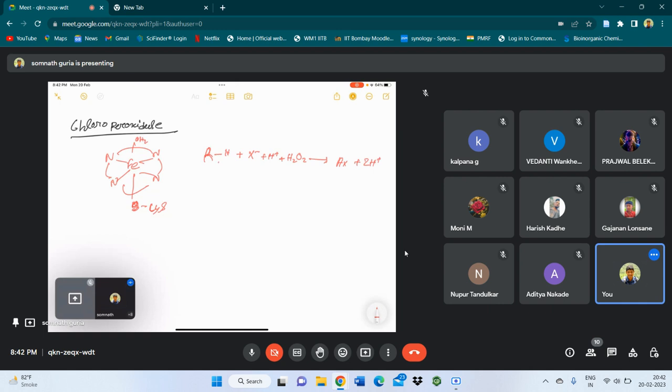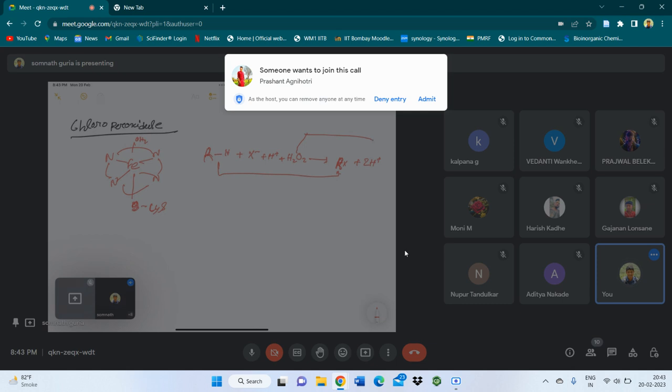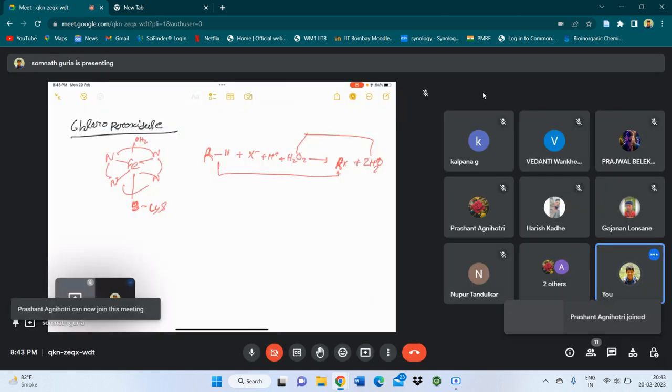So, sorry, RX. This becomes here, and this hydrogen peroxide comes to, sorry, 2H2O. Oh, it came at the last moment. Okay, this is the main reaction.